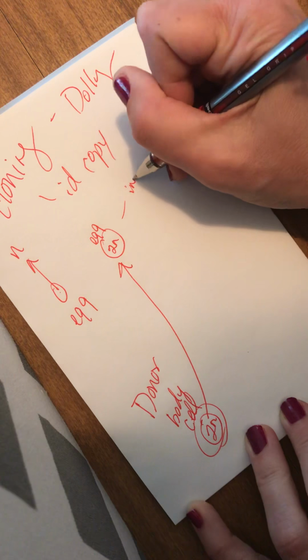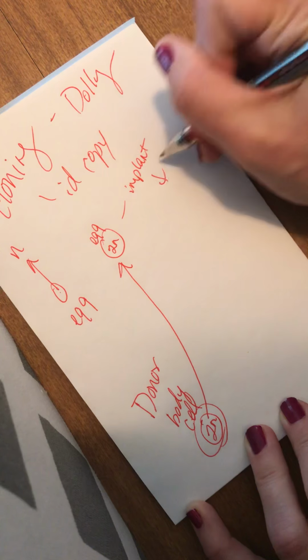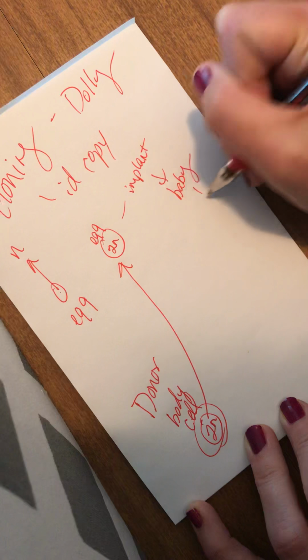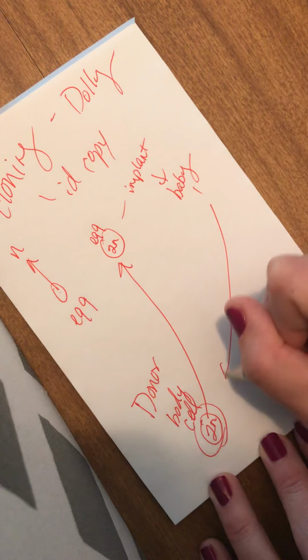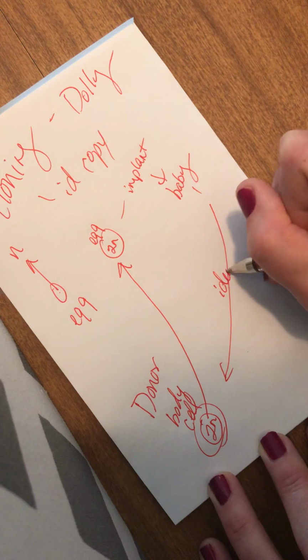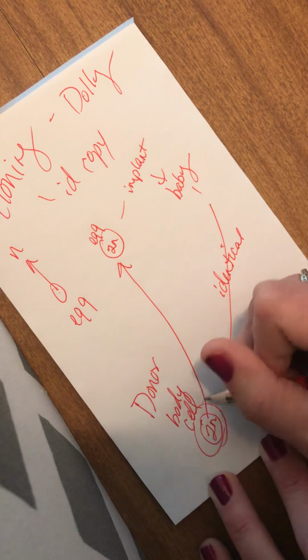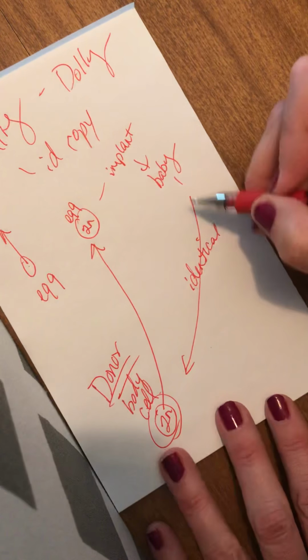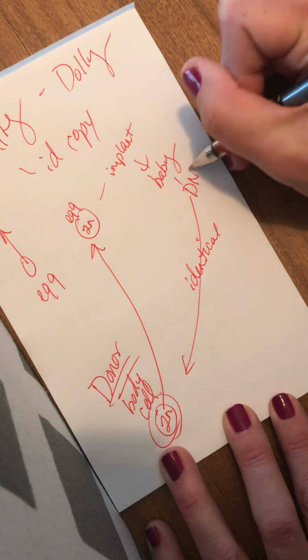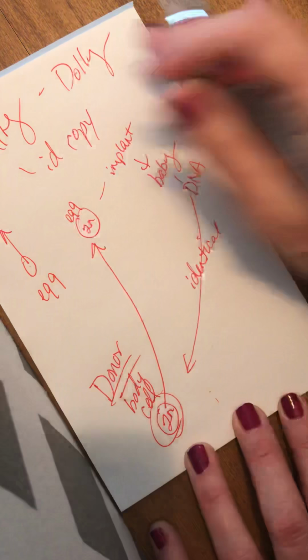So I implant it back in, and it grows, and it becomes a baby. Now, this baby is going to look just like and be identical to this donor because it received all the DNA from the donor. All right, so that's what cloning is.